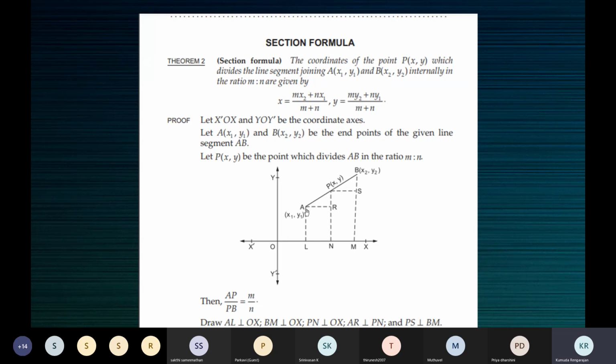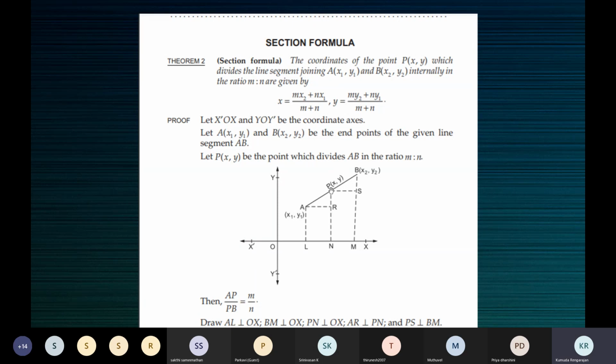Let me repeat the whole thing. Cartesian plane, 2 points A and B. A is x1, y1, B is x2, y2. When you connect the 2 points A and B, you get the line segment AB. P is a point that lies on the line segment AB.